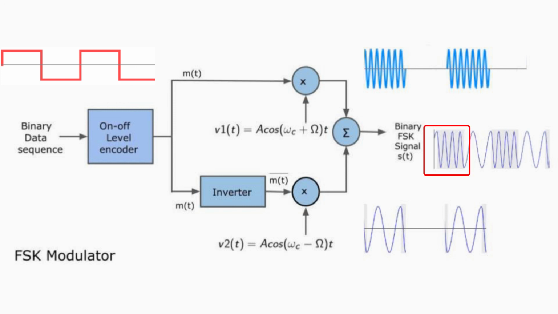Similarly, when the input bit is 0, the inverted output is 1, resulting in no signal at the output of product modulator 1 and a low frequency signal V2(t) at the output of product modulator 2, which are then applied to a summing device. In this way, the FSK signal is generated.